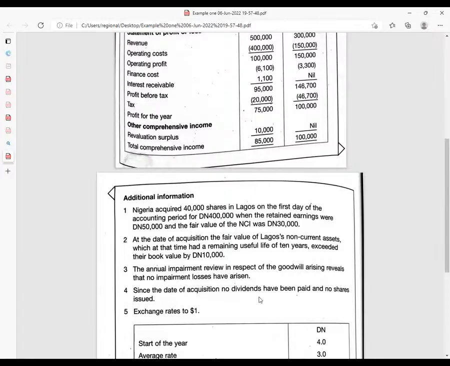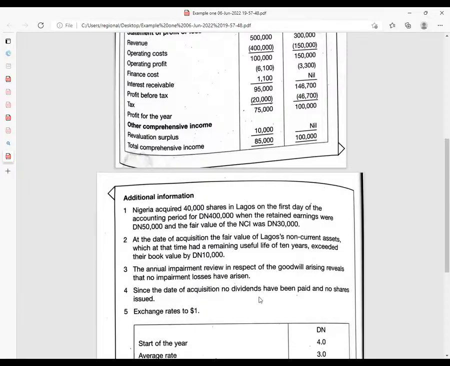At the date of acquisition, the fair value of Lagos' non-current assets, which had a remaining useful life of 10 years, exceeded their book value by DN 10,000. The annual impairment review of the goodwill arising reveals that no impairment losses have arisen. Four, since the date of acquisition, no dividends have been paid and no shares issued.